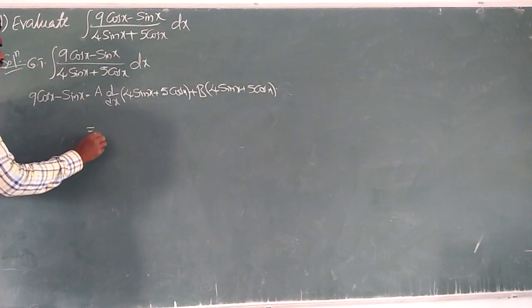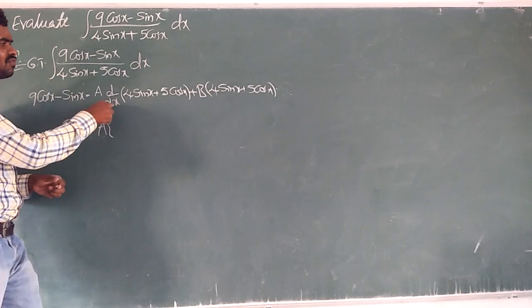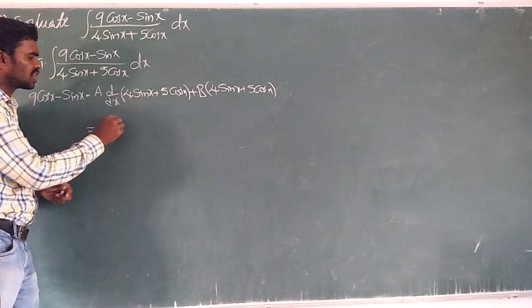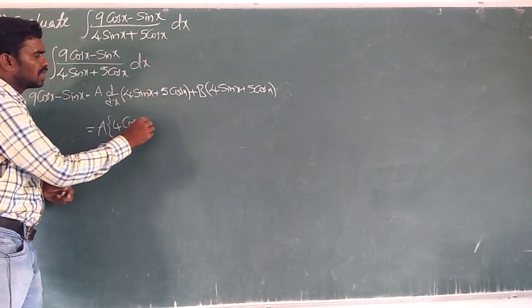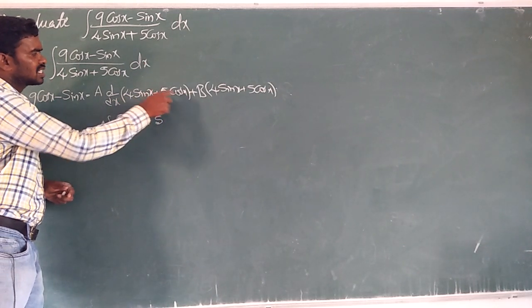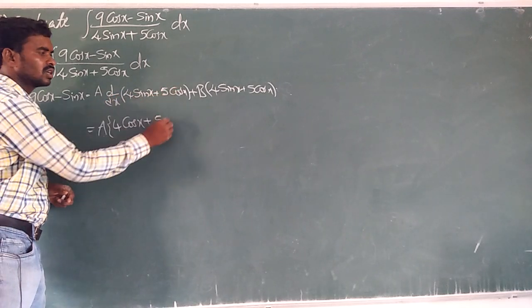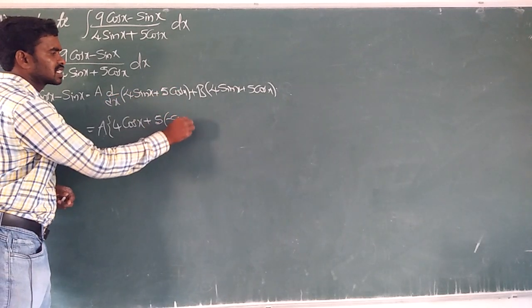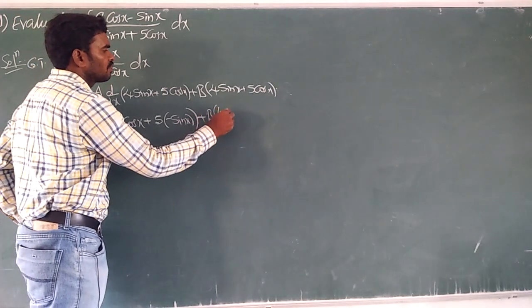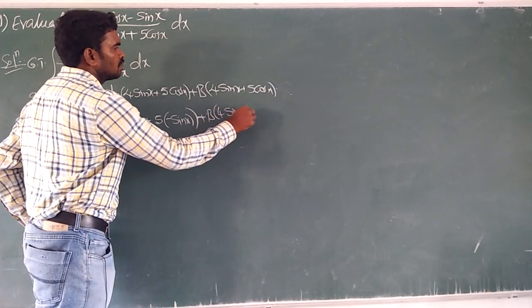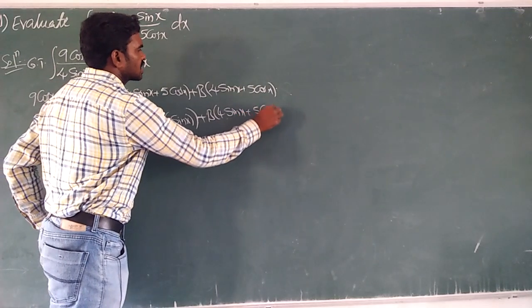So a into the derivative of 4 sin x. 4 is a constant, so it stays as it is. The derivative of sin x is cos x. And plus 5 as it is, the derivative of cos x is minus sin x. And plus b into (4 sin x plus 5 cos x).